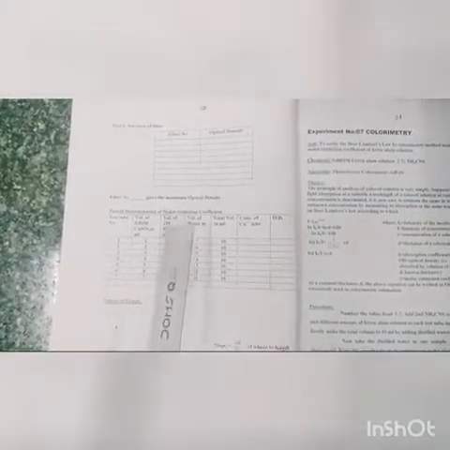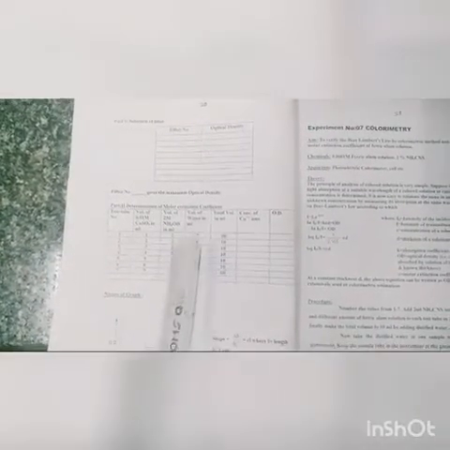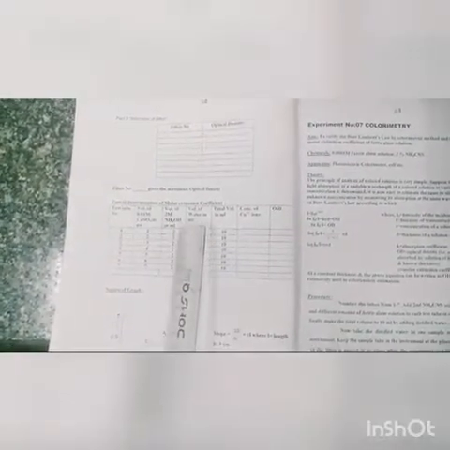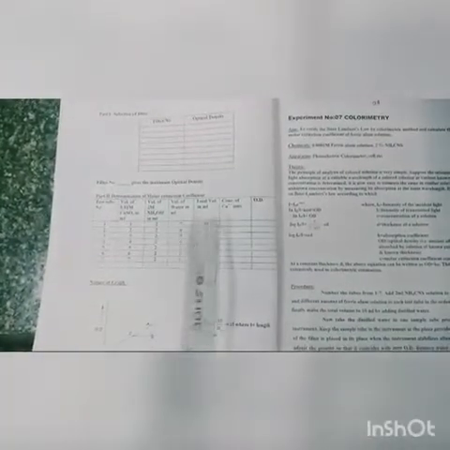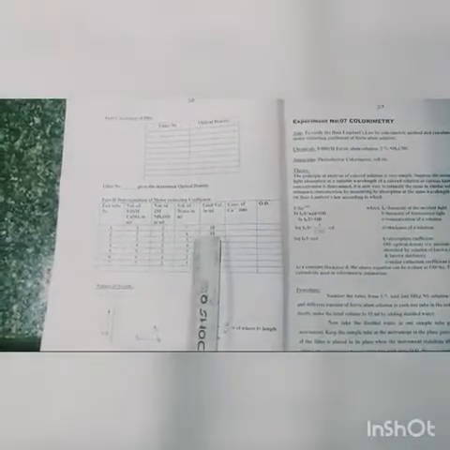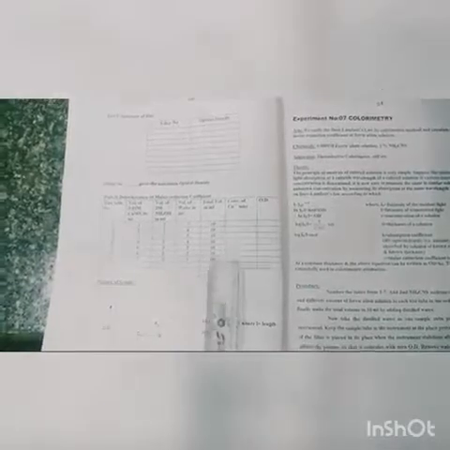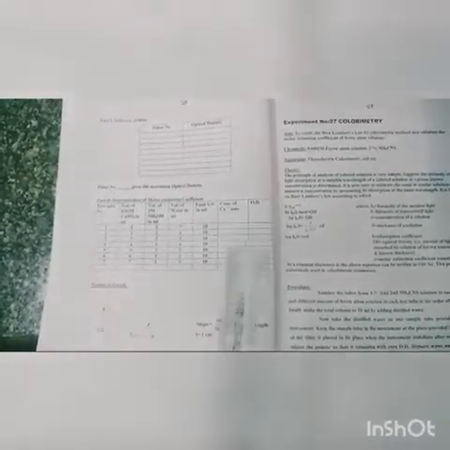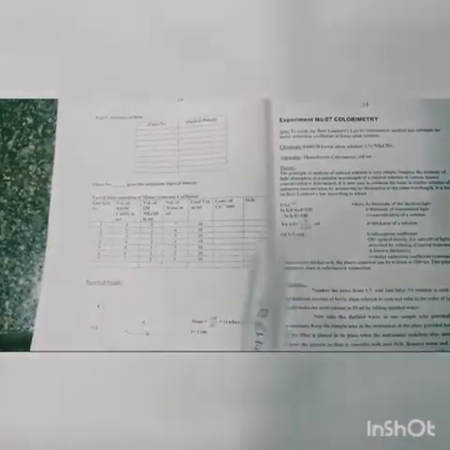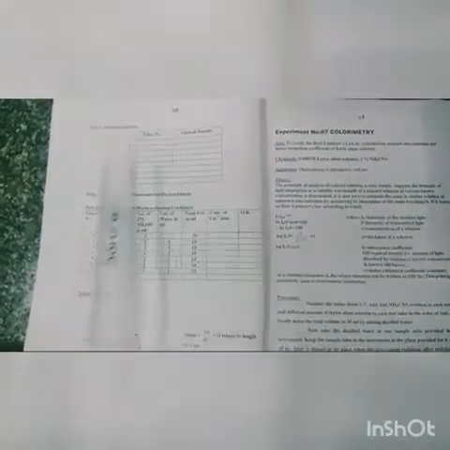Of 2 molar ammonium hydroxide you take 2 ml in every test tube. The volume of water is 7 ml in the first test tube, then 6, 5, 4, 3, 2, and 1 ml. Overall, the total volume in every test tube is 10 ml. In the second part you calculate OD, which depends on the first part, how to select the filter.